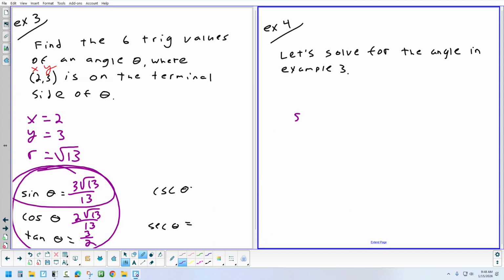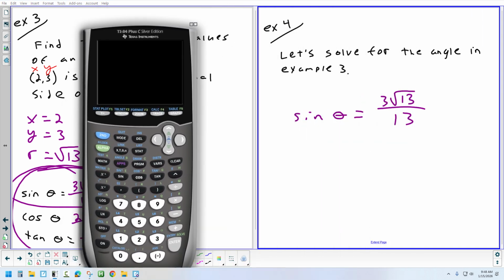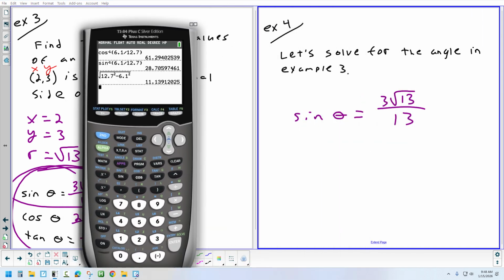So sine theta equals 3 root 13 over 13. How am I going to get rid of sine and get theta by itself there? Yeah. Take the inverse sine of both sides.